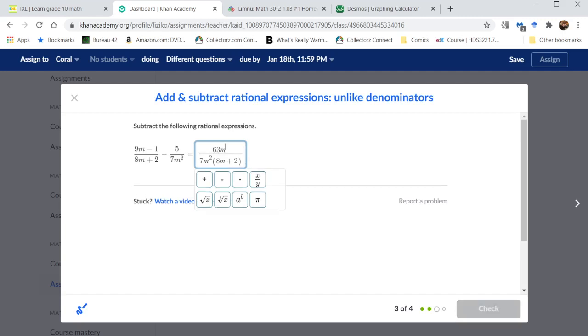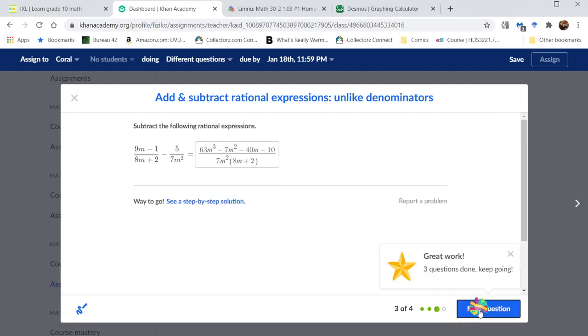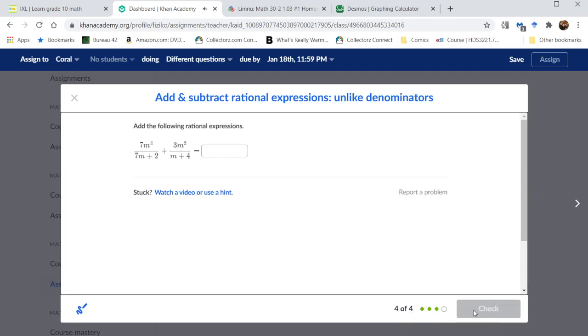So we have a 63m cubed. We're going to have a minus 7m squared term from doing a -1 times a 7m squared. We're going to have a minus 40m from the 8m times the -5, and minus 10 from our last term. So this, because there were no like terms to collect, each term was going to have a different exponent. We didn't need to go to the whiteboard.